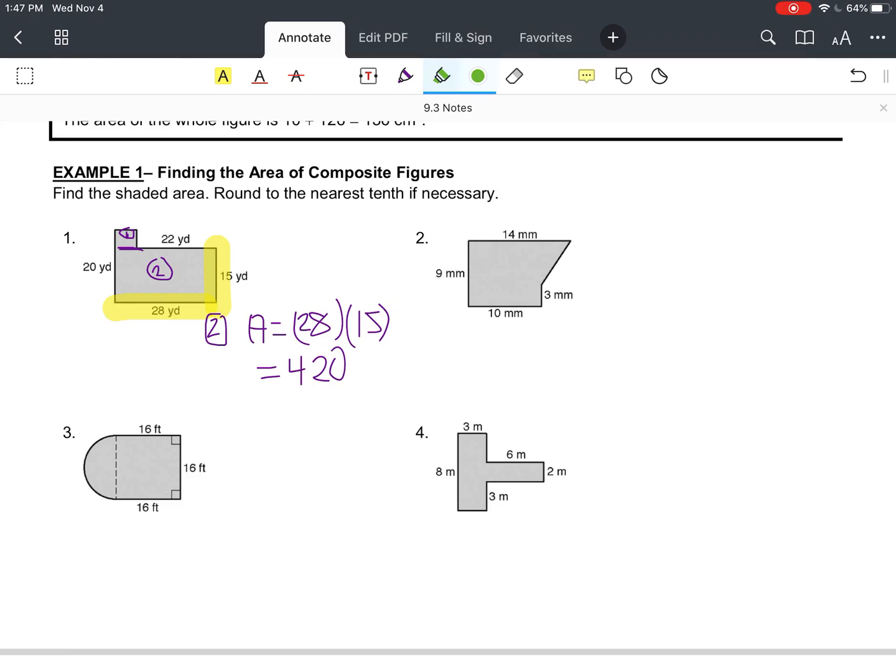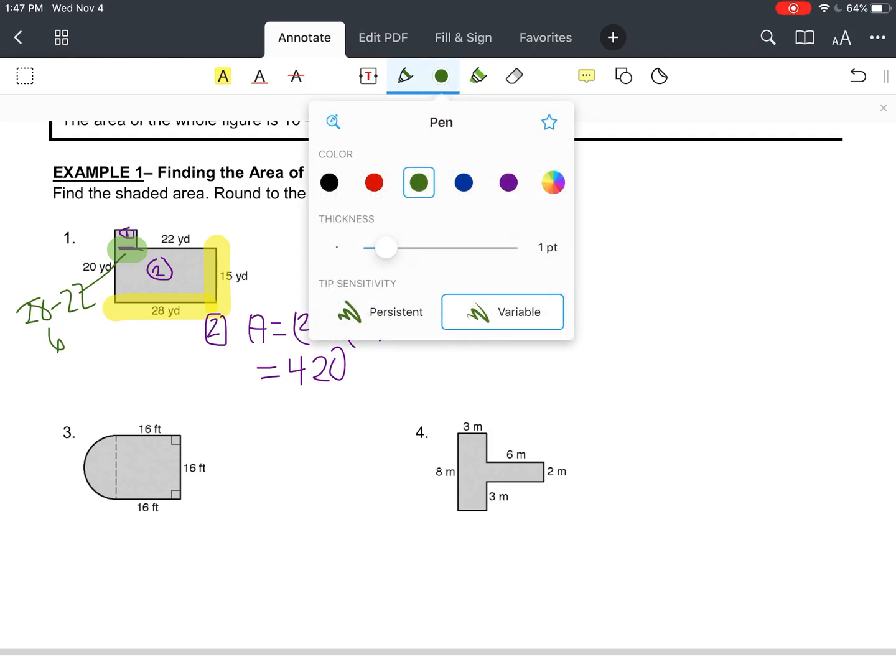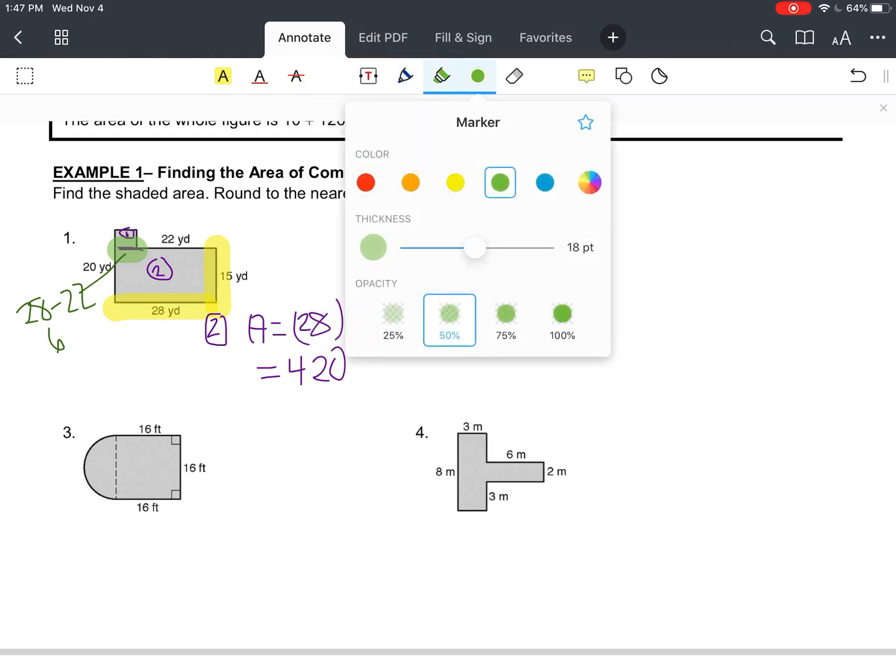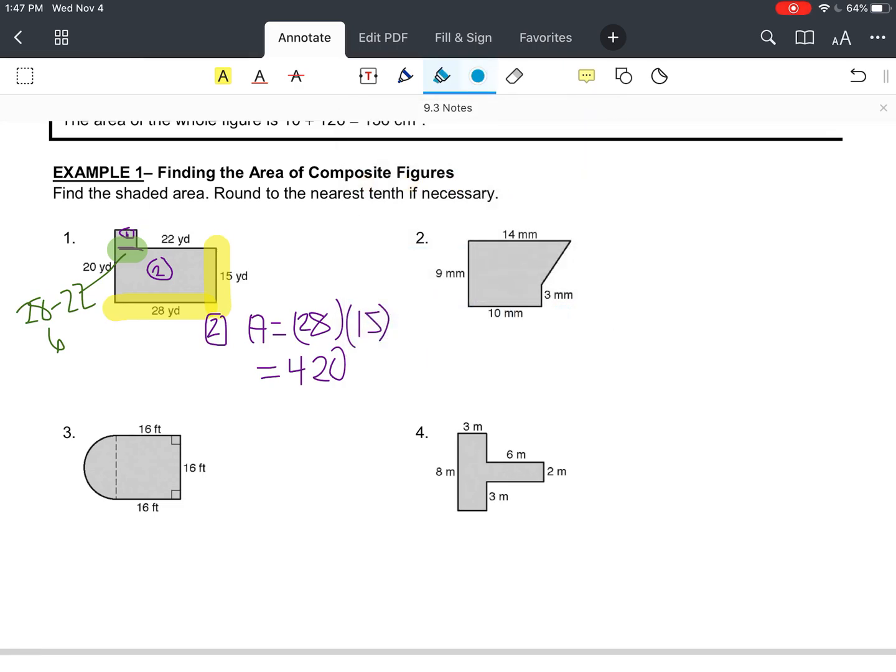So that's figure 2. Let's look at figure 1. For figure 1, they told me the whole thing was 28, and the part parallel to it horizontally was 22. So the part I just highlighted in green would have to be 28 minus 22, which would be 6. So that's the base.